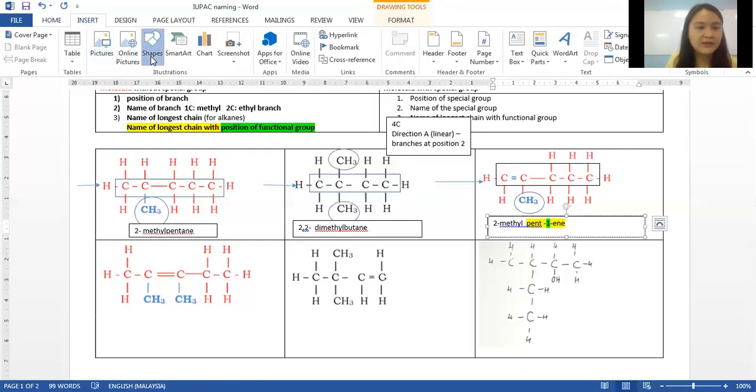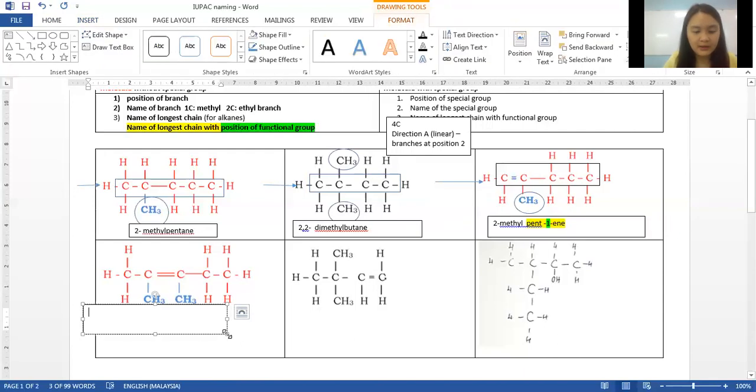So to analyze this, we put a note at the side. For this one, I can go linear A, linear direction A. If I go like this, I have 5 carbon and my double bond, which is my functional group, starts at carbon number 2.